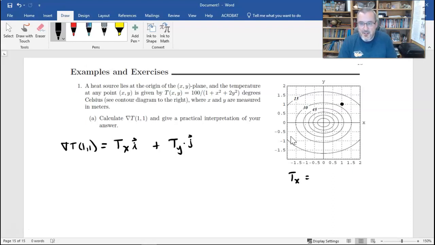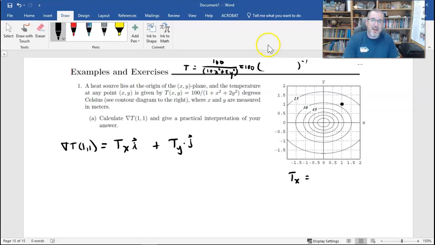Now, this function T is 100 over this whole denominator, 1 plus x squared plus 2y squared. I think I'm going quotient rule. I don't really see any algebra. I could make this 100 times that quantity to the negative 1.